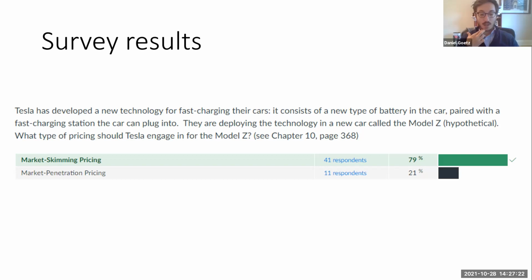Is that large compared to other car companies? Yeah, for sure. I think bigger than all the other ones combined is what I read. So they have a super high valuation.